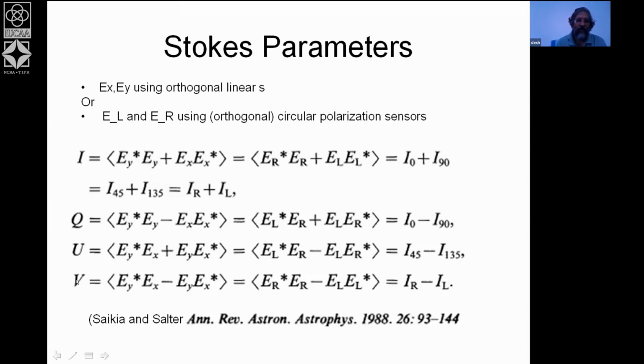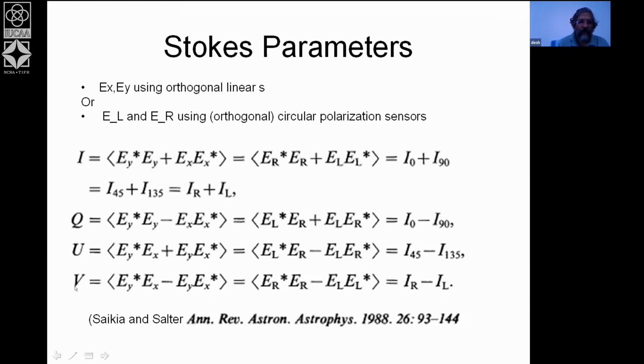Whereas U and V will be the real and imaginary parts of the cross-correlation between the two linears. U will give the component which is correlated between X and Y, which can also be obtained by subtracting the 45-degree oriented pairs, because the correlation defines the axis. The correlation axis is at 45 degrees between X and Y.